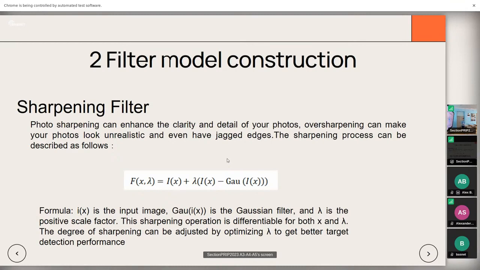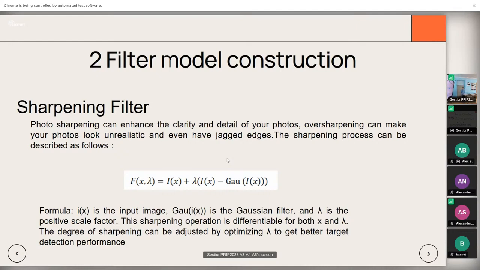So, about the predict filter model. I choose one sharpen filter. Why do I choose this? Because this can enhance the outline clarity and details of the image.